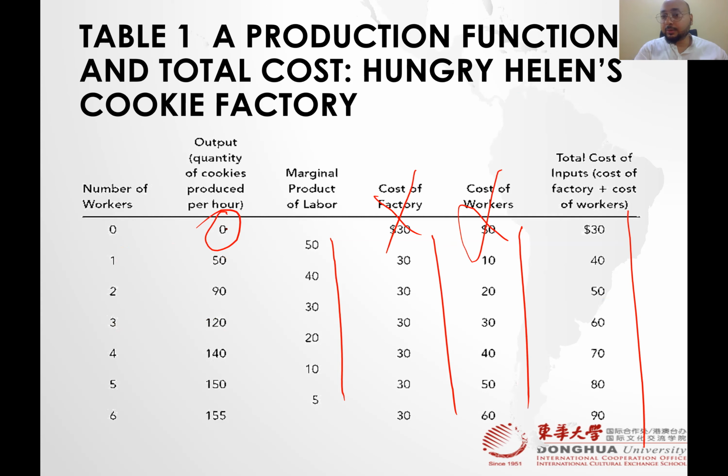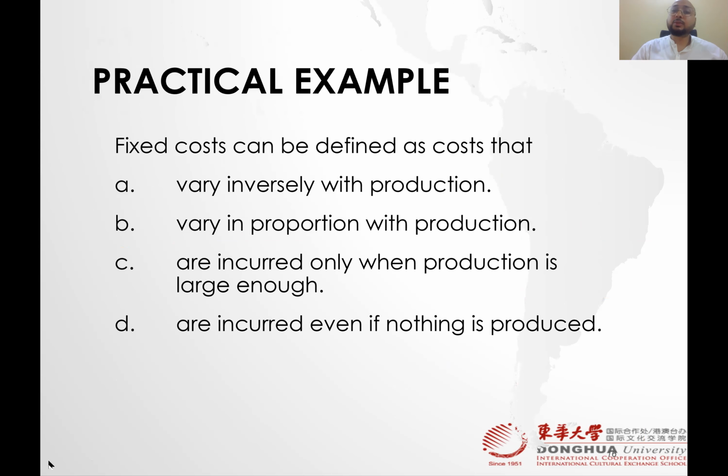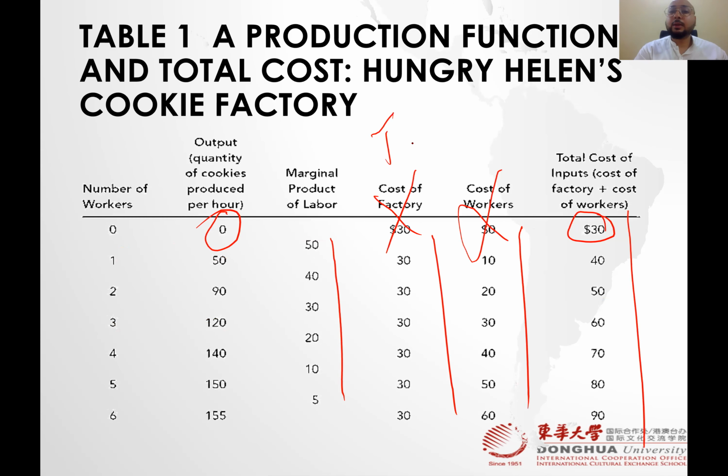If output is 0 and we still have a total cost, it is because of fixed cost, because the total cost formula is fixed cost plus variable cost, right? So when output is 0, variable cost would be 0, and this 30 is your fixed cost.